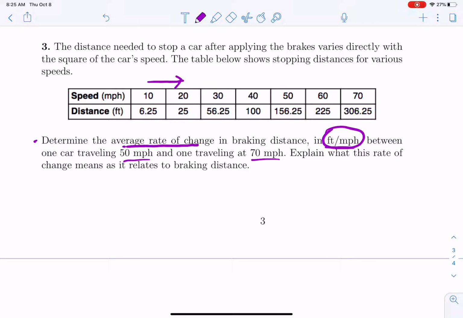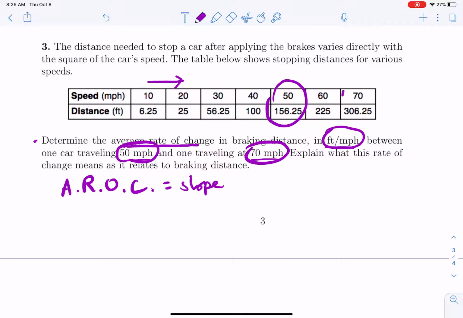We're finding average rate of change here. Sometimes I like to shorten that to AROC because I don't want to write all that. We know that's the same as the slope, and we're interested in it between 50 miles per hour and 70 miles per hour. Here's 50 on my table, here's 70. Think of the top row as your x values and the bottom row as your y values.